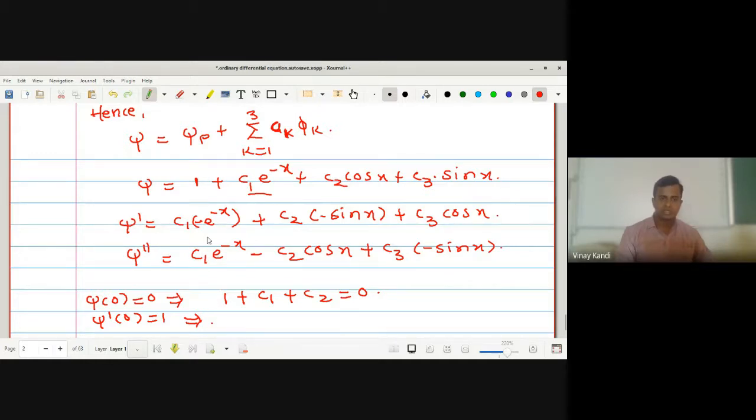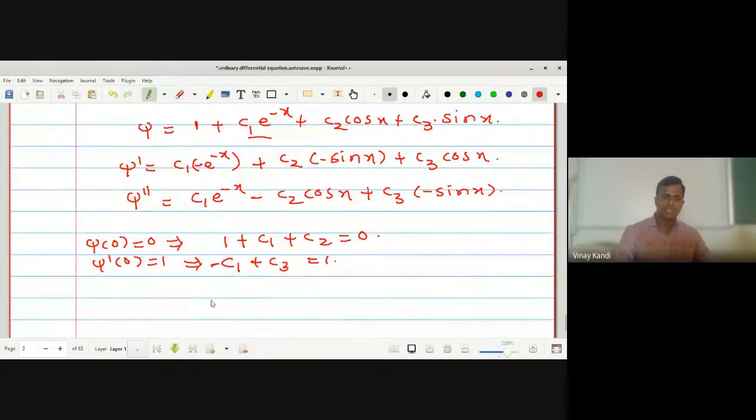What will come here? After putting 0, sin 0 is 0, cos 0 is 1, minus c1, there is a minus sign, minus c1 plus c3 is equal to 1. Now psi double dash of 0 is equal to 0. It implies c1 minus c2 is equal to 0.